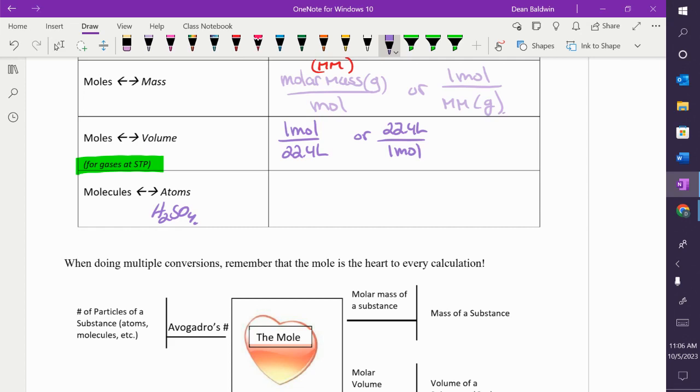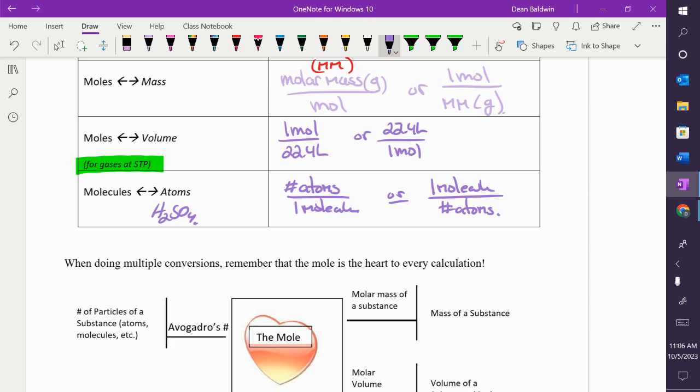Okay, so we're going to start to add this in. So that is just using this conversion, number of atoms for 1 molecule. Or, obviously, you flip it, 1 molecule has a certain number of atoms. So that's going to change depending on which molecule we're looking at, or which chemical formula we're looking at.